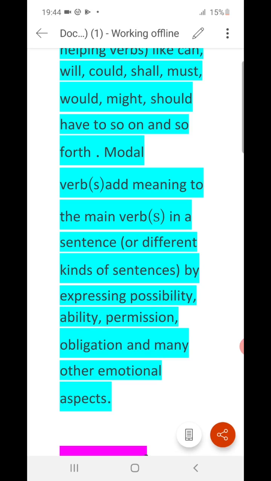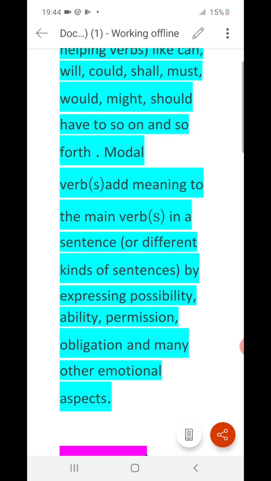Next, obligation. If someone is doing any kind of work out of his obligation or urge or compulsion, or he has to do due to any kind of responsibility.